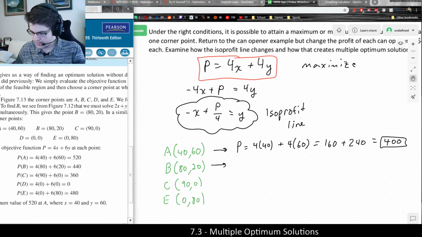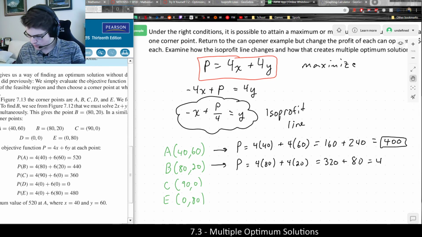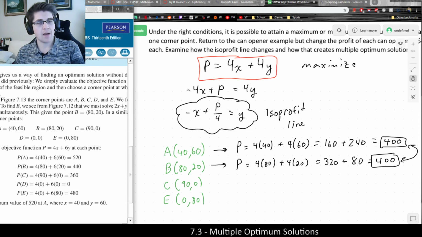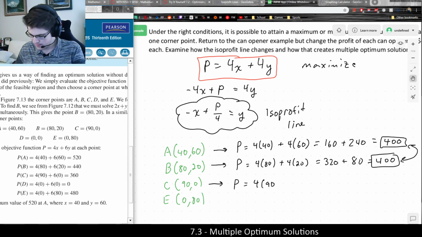For doing 80 and 20, that would be 4 at 80 plus 4 at 20. That would give me $320 plus $80, which is also $400. But what I can see here is there are two different answers, multiple optimal solutions, both giving me the best possible answer. And if I look at these other options, say for example 90 and 0, that would give me 4 times 90 plus 4 times 0, which is $360.